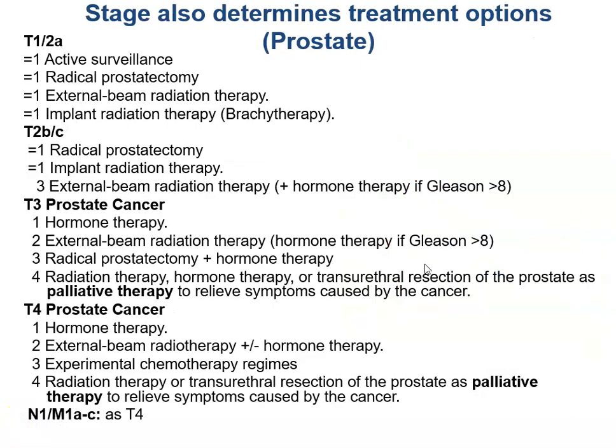So what we can do is start to look at what therapies are available for patients by T stage. So T1 and T2As, these are the very small tumours. We do either radical prostatectomy, that's surgery, external beam radiotherapy, so that's gamma rays delivered external to the body with a linear accelerator, and we also do implant radiation therapy, which is radioactive seeds implanted within the prostate around the tumour, and they are left in situ to kill the tumour.